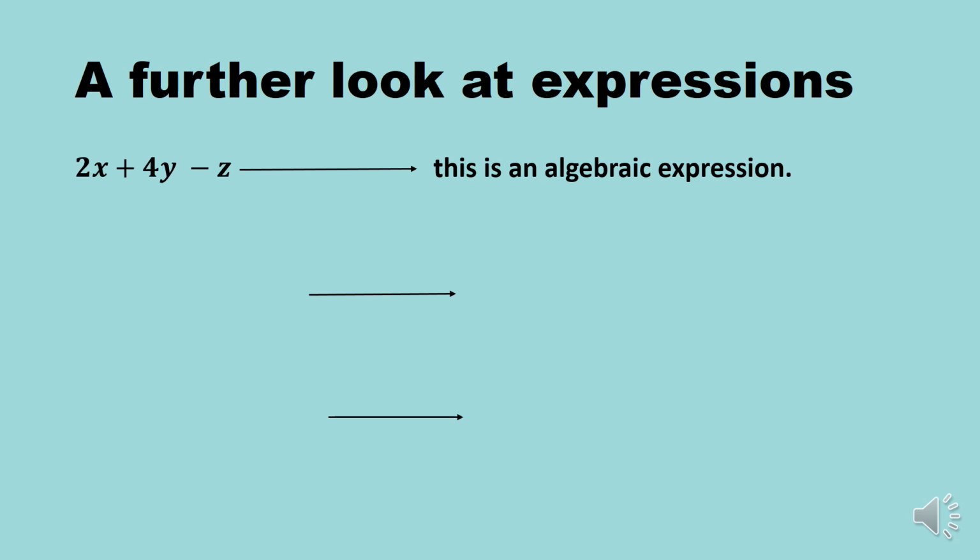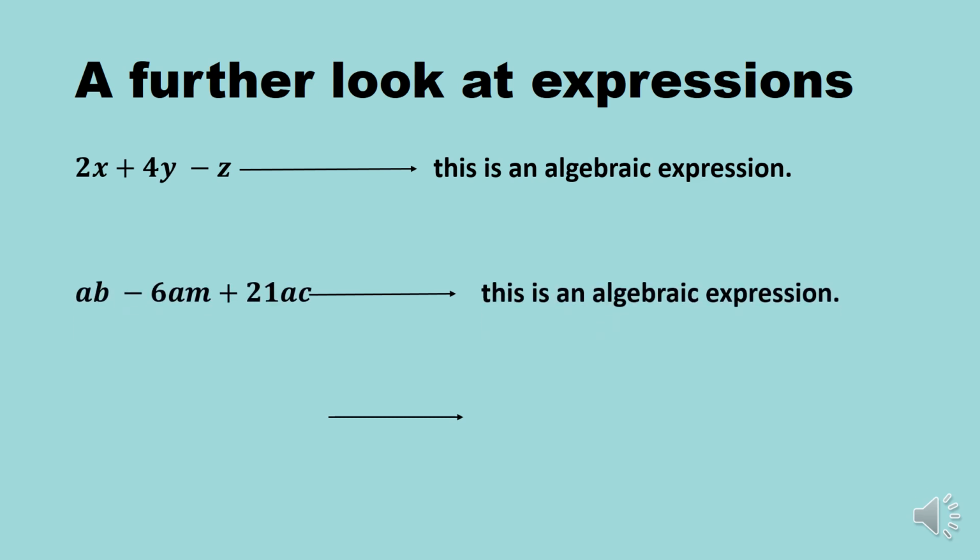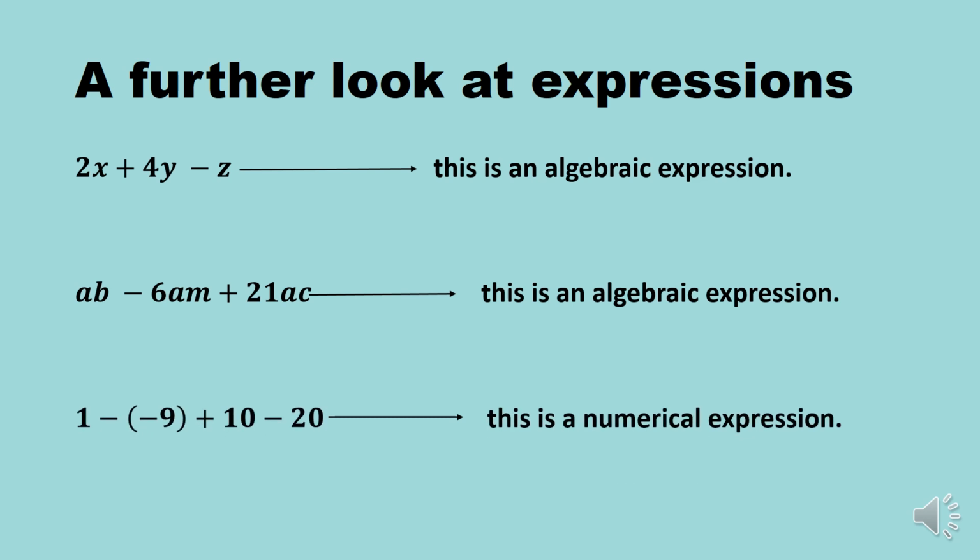The second one, ab minus 6am plus 21ac, is another kind of algebraic expression, because we have letters and numbers coined together. The third one, take note, 1 minus 9 plus 10 minus 20, is a numerical expression. I hope by now you are able to tell why: this expression consists of numbers only. It is made up of numbers only.